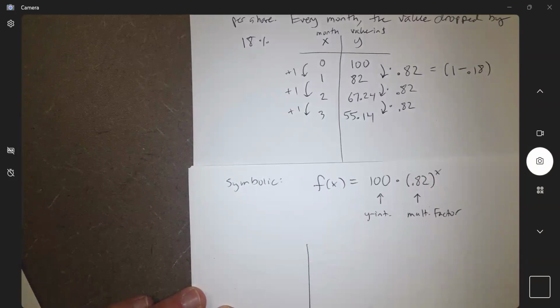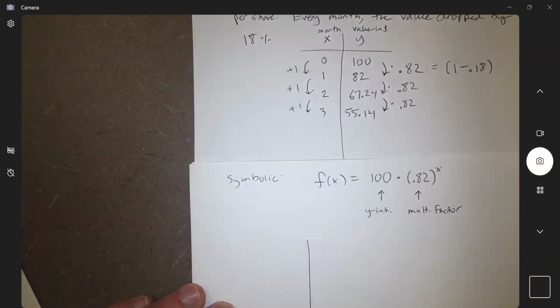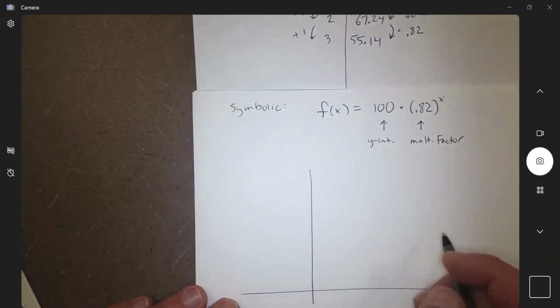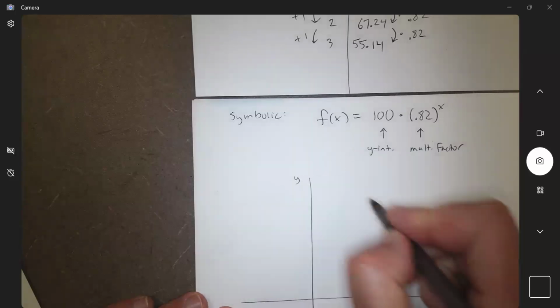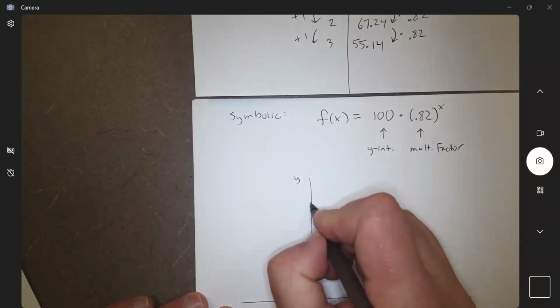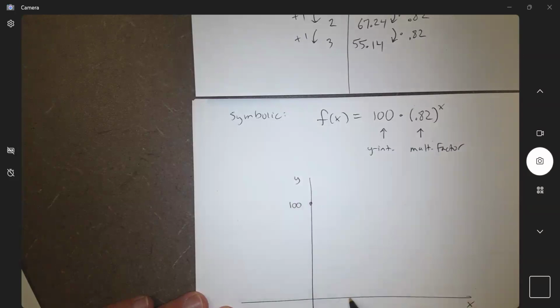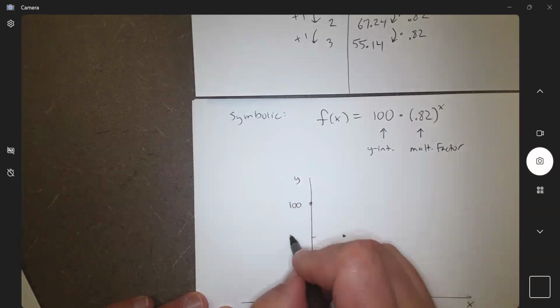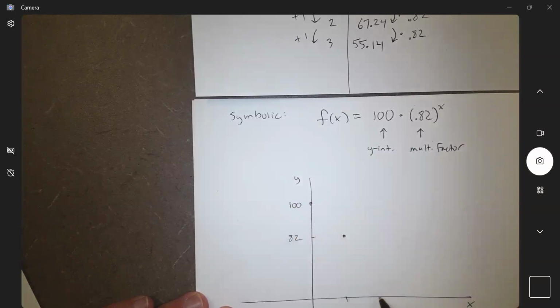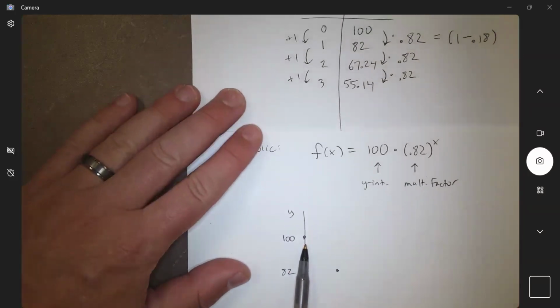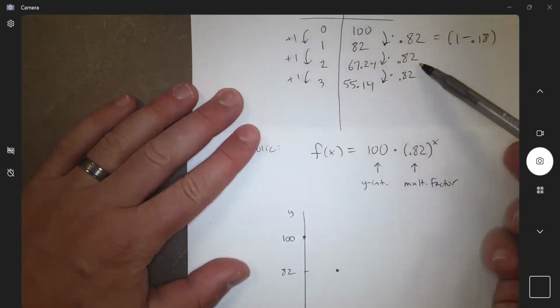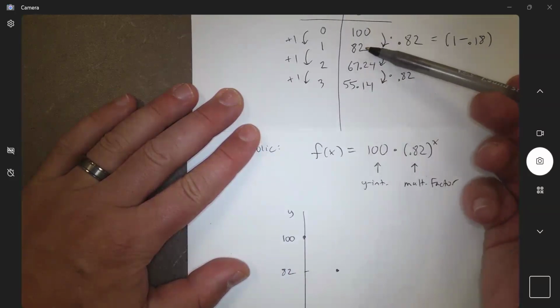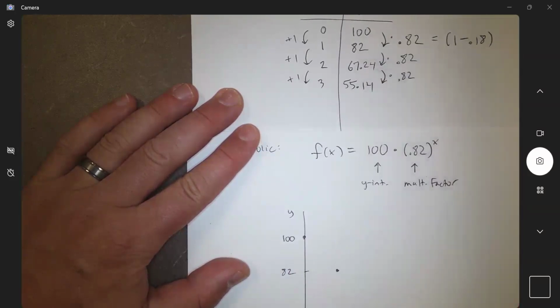And if we show it graphically, we started at $100. After a month, we've dropped to $82. I know the scale is not great, but I want to show the curvature. After another month, we go down by 18%, but we're not decreasing by the same quantity.